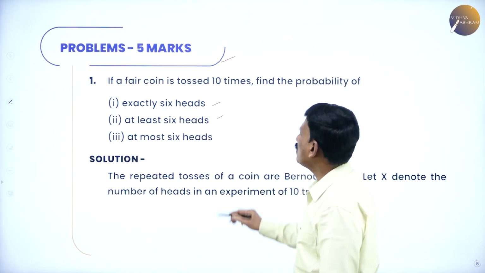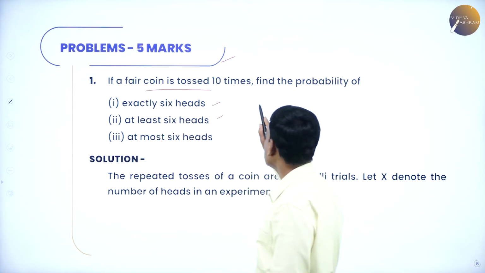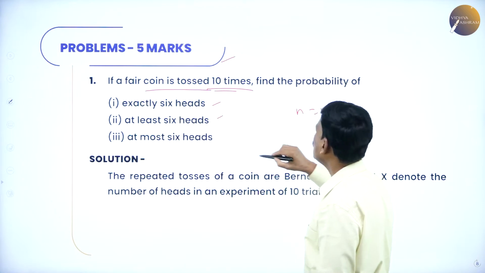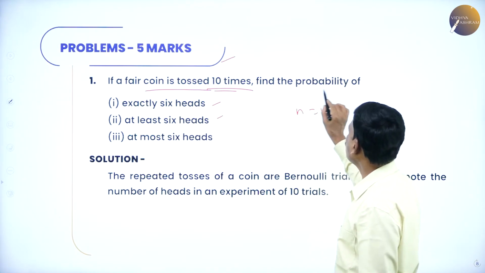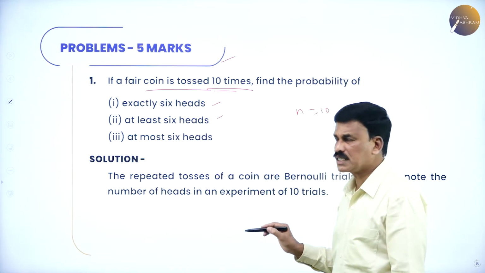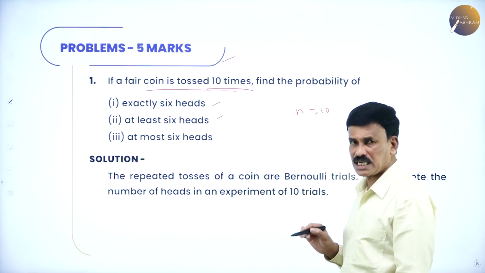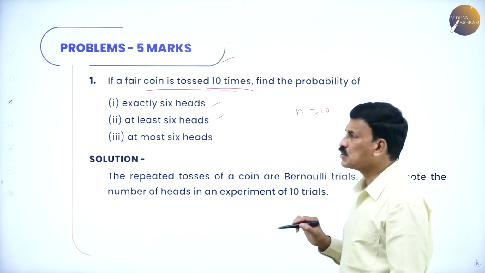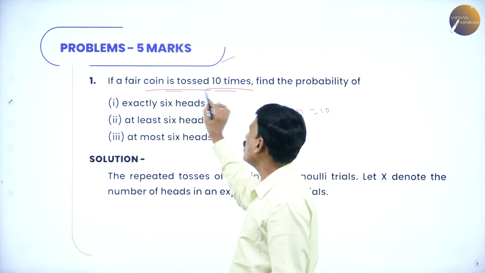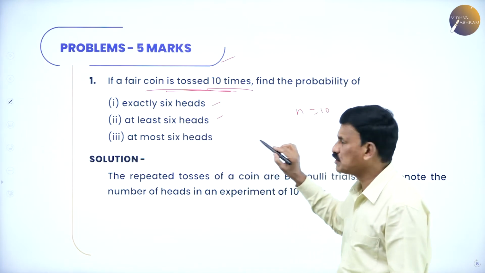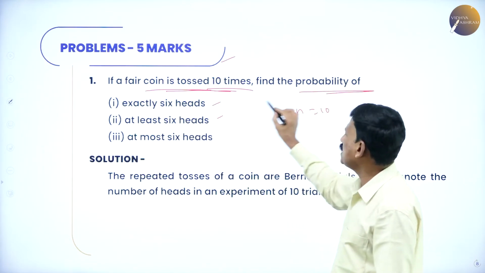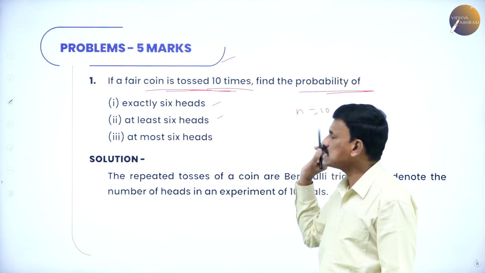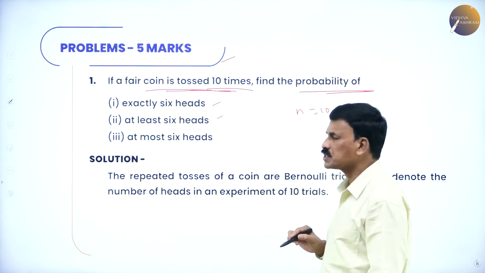If a fair coin is tossed 10 times, so n is equal to 10, find the probability of exactly 6 heads, at least 6 heads, and at most 6 heads.